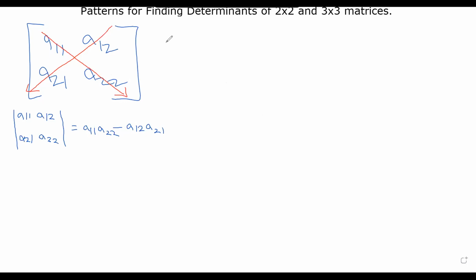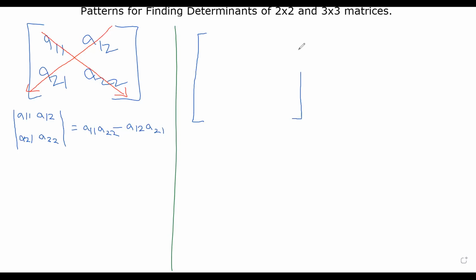Okay, so that's for 2 by 2 matrices. For 3 by 3 matrices, I'm going to draw a green line. Now I'm going to be talking about the determinant of a 3 by 3 matrix. There's also a visual aid to finding it. It's a little bit more complicated, but it's not that hard.